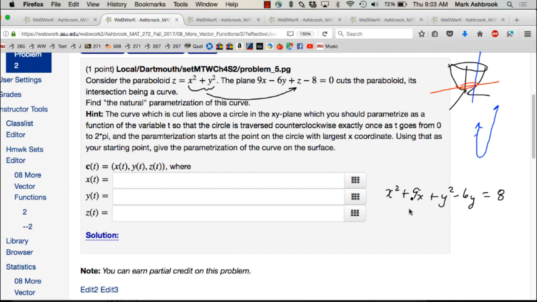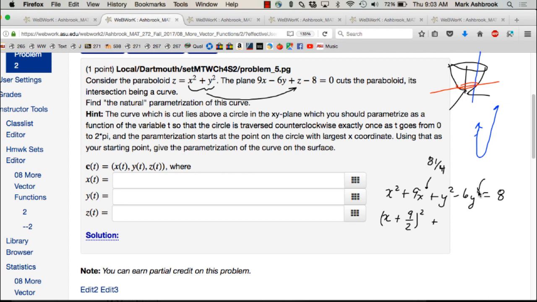So take half and square it. So half of 9 is 4.5, or 9 halves. And when we take half of it and square it, and then add that, so we're going to add 81 fourths. And then for this one, we're going to take half and square it.